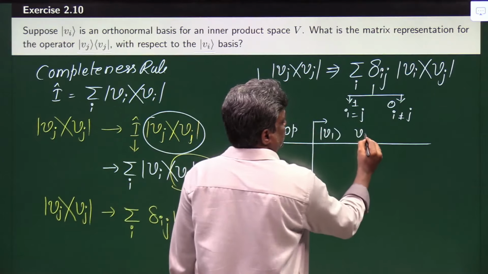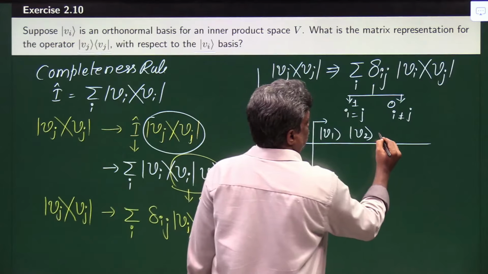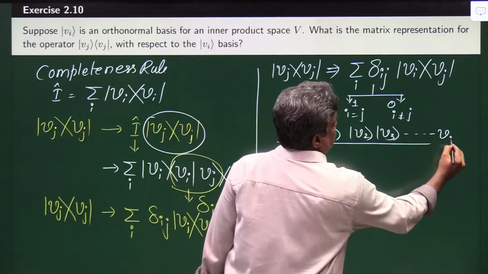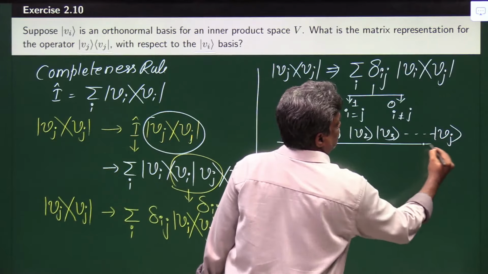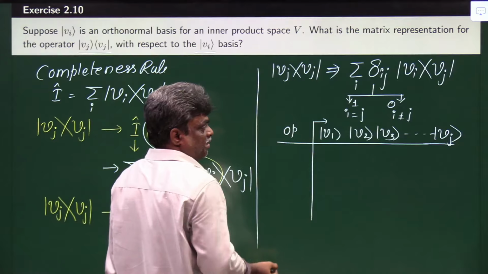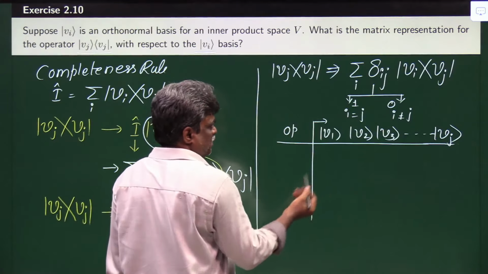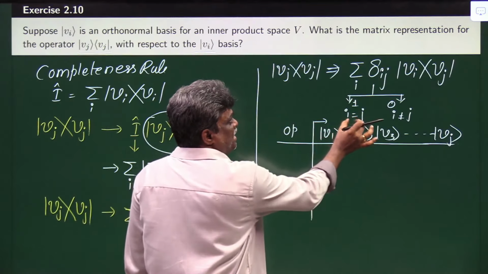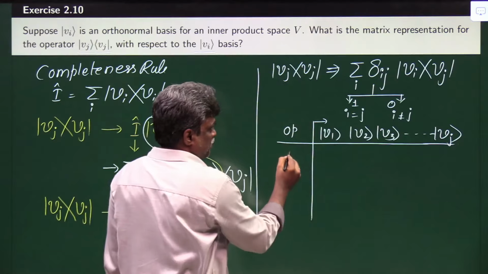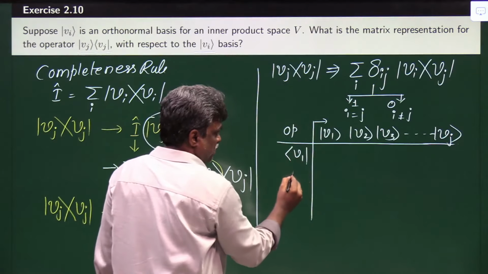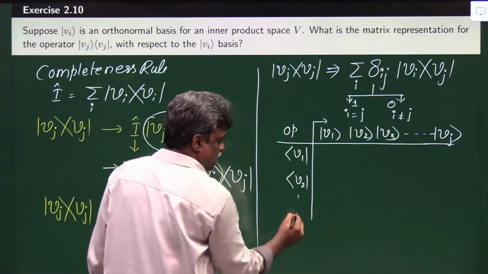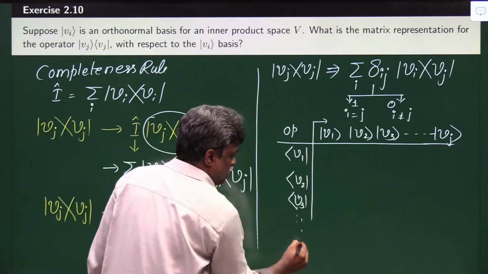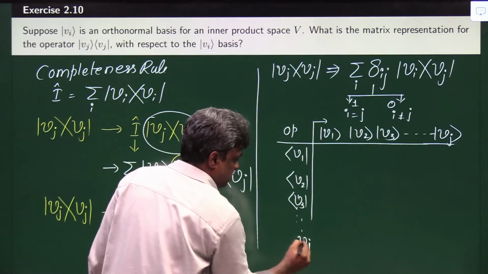So ket vectors v1, v2, and v3, and so on. Let us say somewhere vj or vi, anything you can take. It's not a problem. Only if i equals j, then it is 1. So here bra vectors v1, v2, v3 and so on. This is vj.